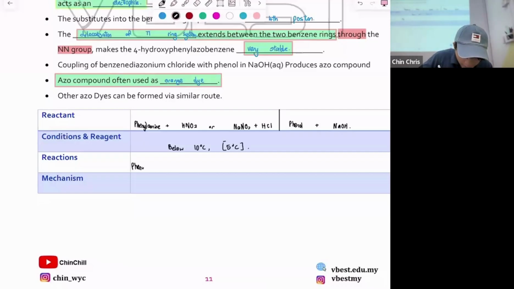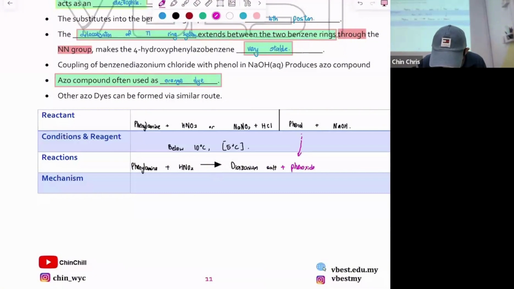At first, I take a phenylamine and add HNO2 to form a diazonium salt. This diazonium salt reacts with a phenoxide ion to form an azo compound.